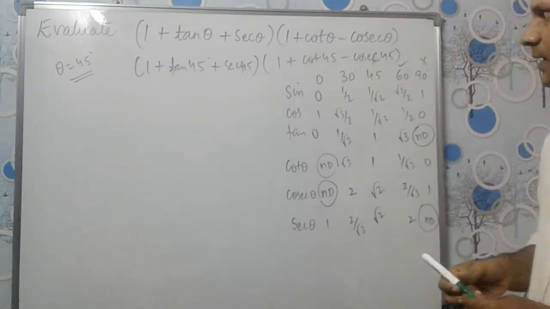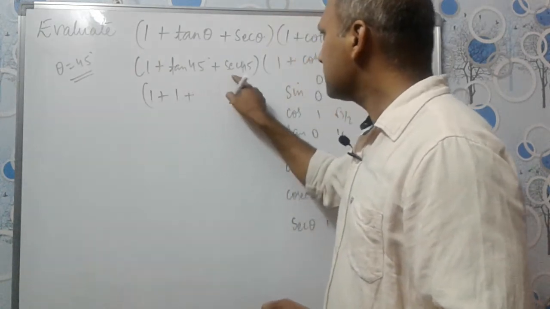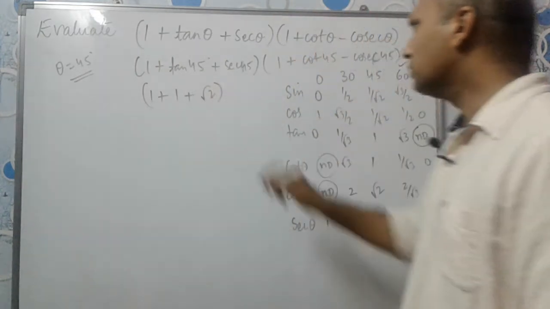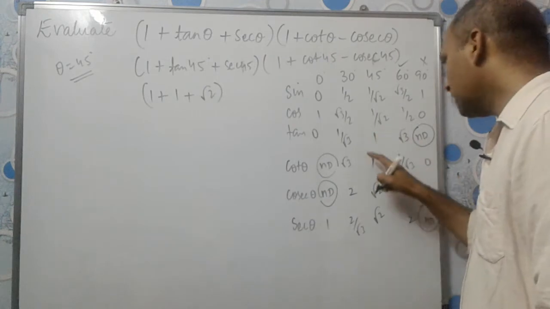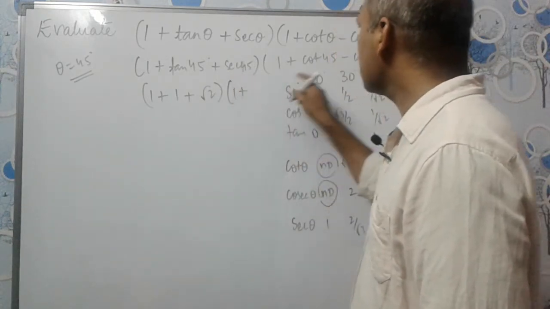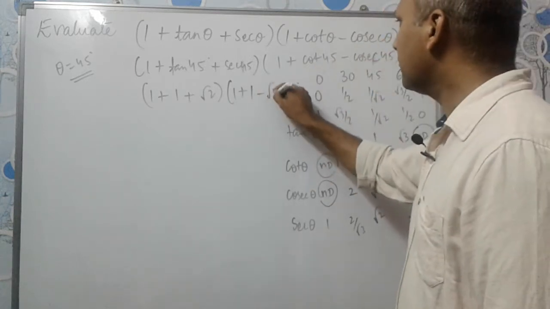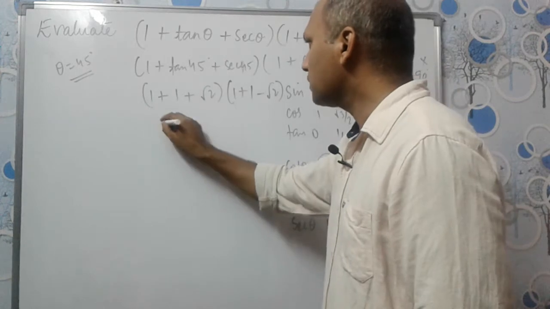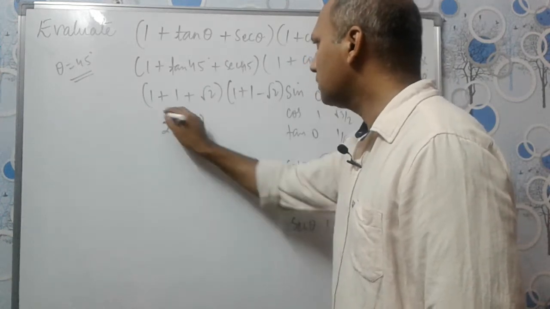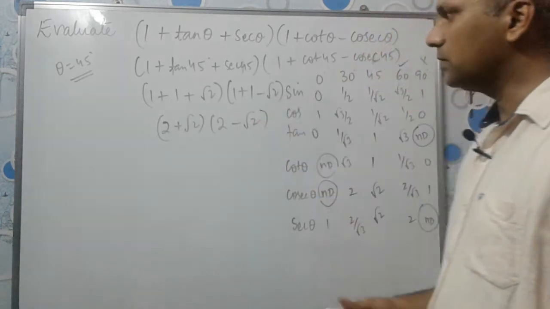So tan 45 is 1, secant 45 is root 2, and here cot 45 is 1, cosecant 45 is root 2. So 1 plus 1 is 2, so this will be 2 plus root 2 multiplied by 1 plus 1 is 2 minus root 2.